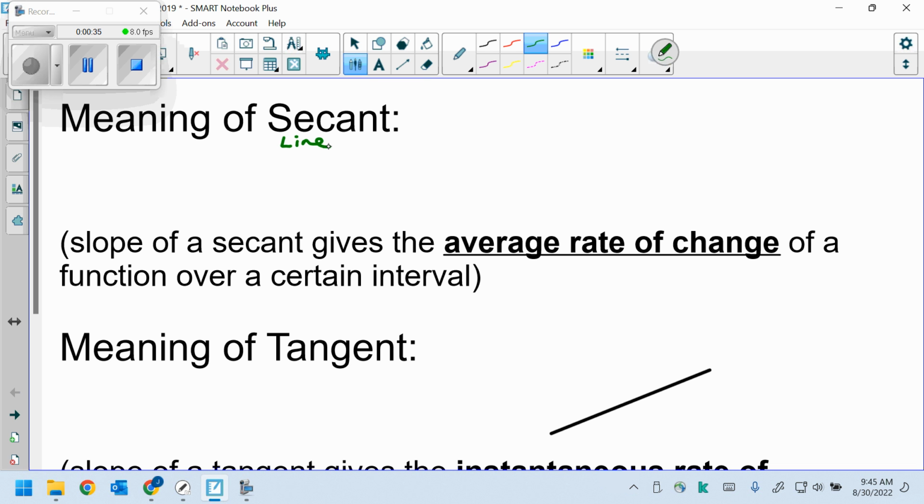And the meaning of a secant line, this is a line that intersects a function at 2 points.